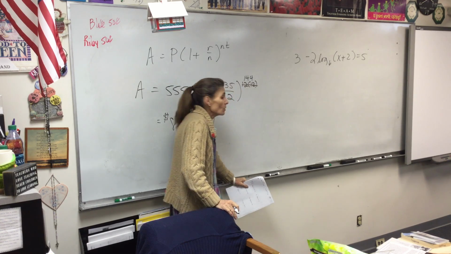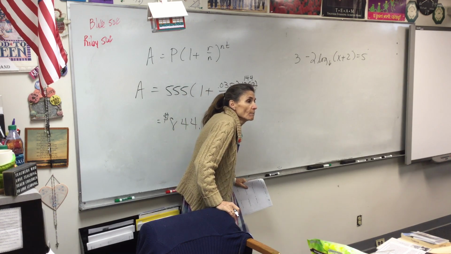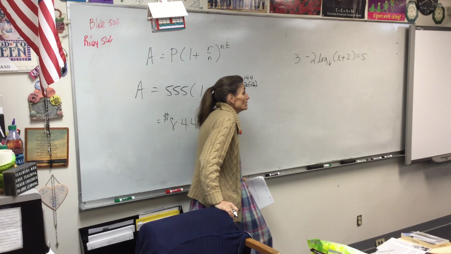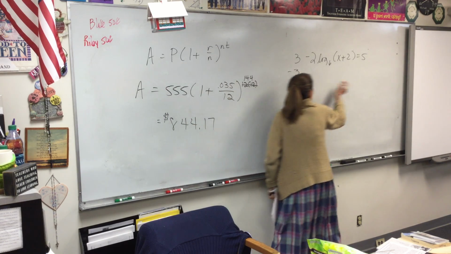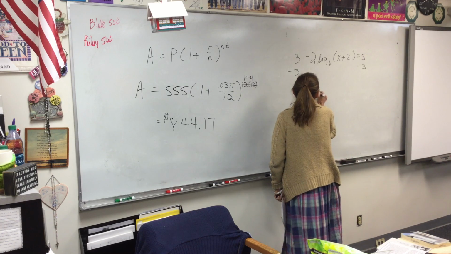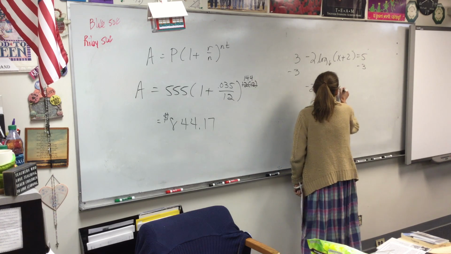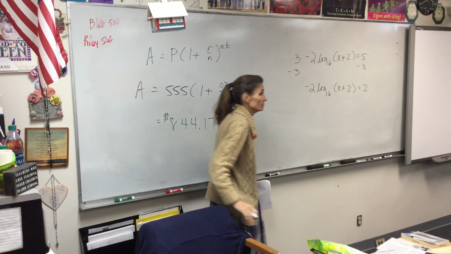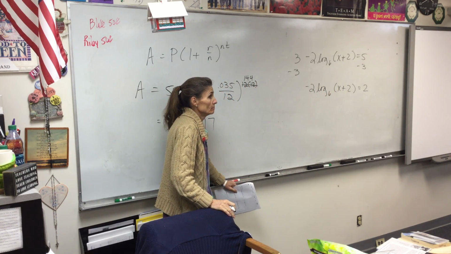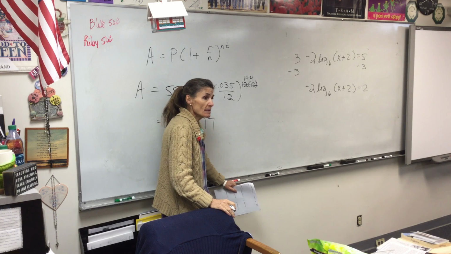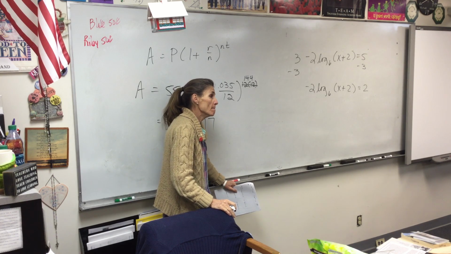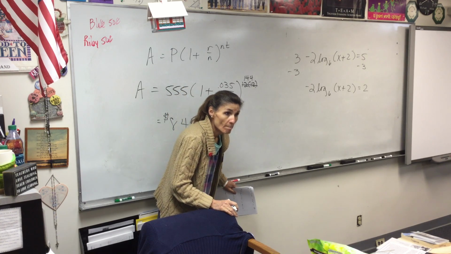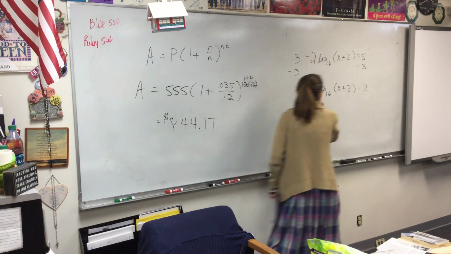Just look at it. What do you think might be a good way to start? Subtract the 3. That sounds like a great plan. Anybody have a second step idea? What, Lauren? Divide by -2.